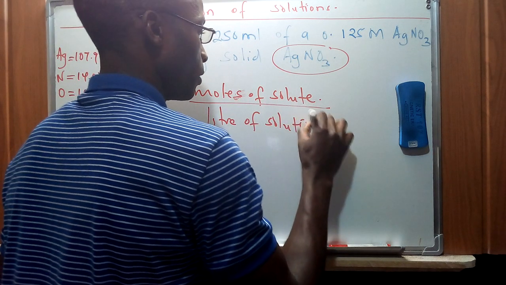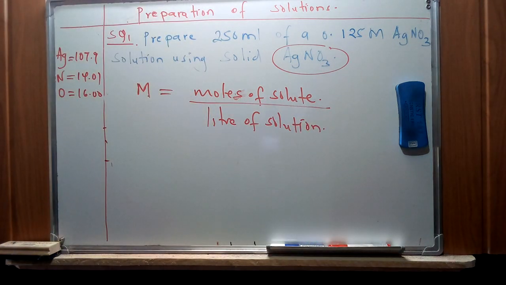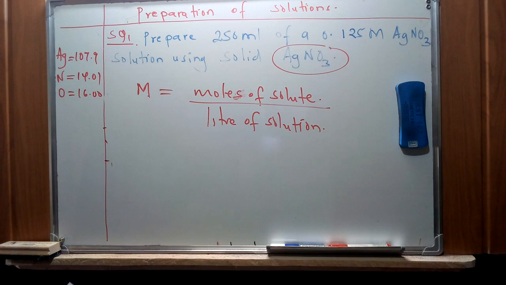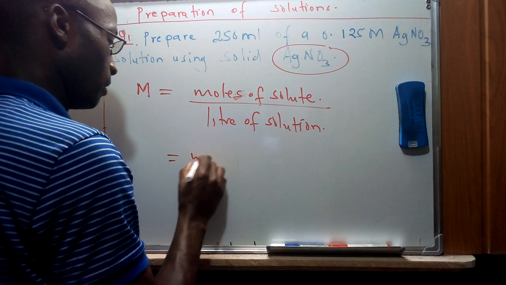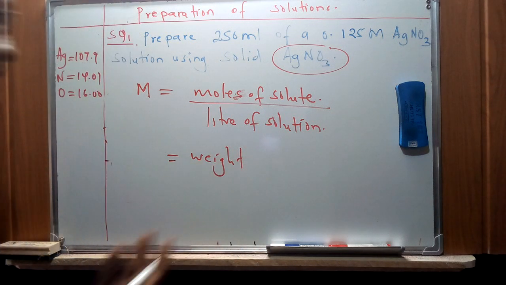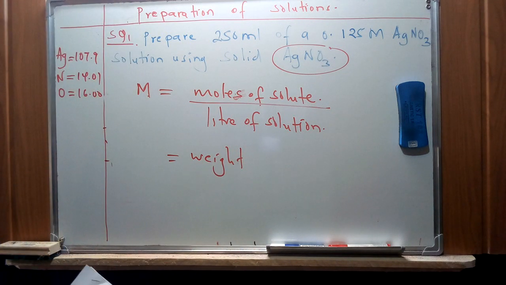So this equation gives us the molarity through that ratio. In this case, we're going to see that it's simple to prepare solutions of known molarity from solids and non-volatile liquids whose mass or weight can be measured in the laboratory using the balances or the analytical balance that we are able to use.